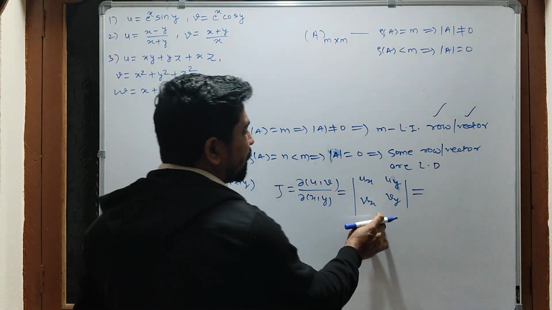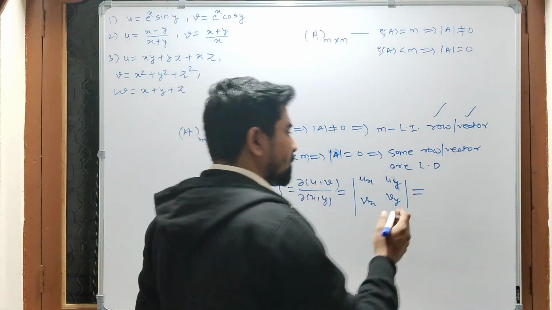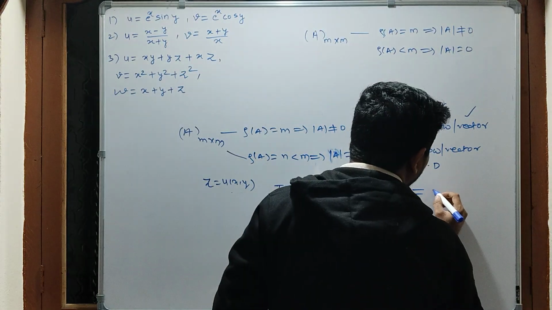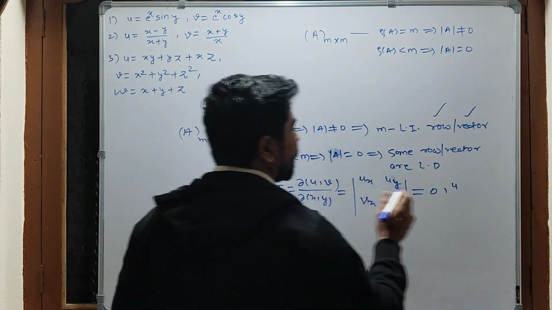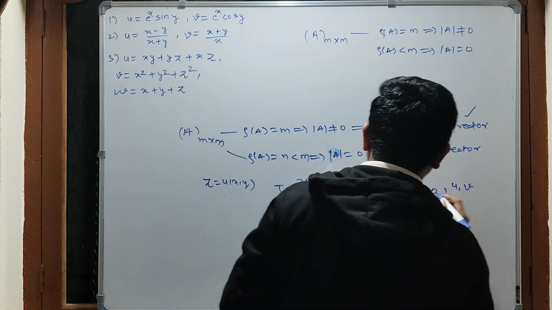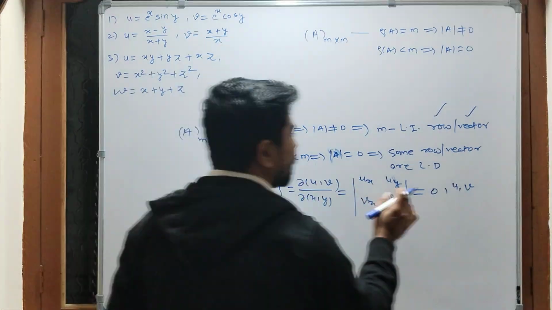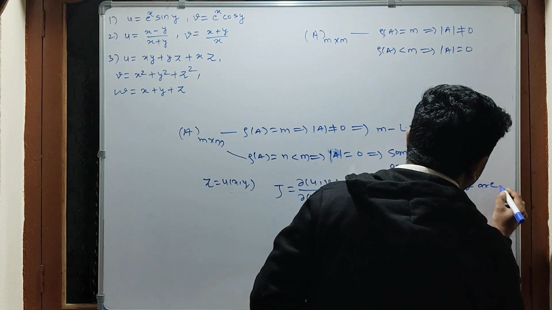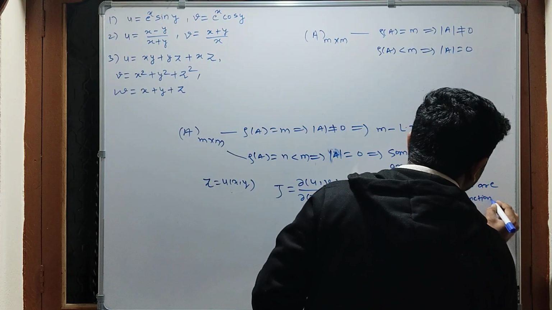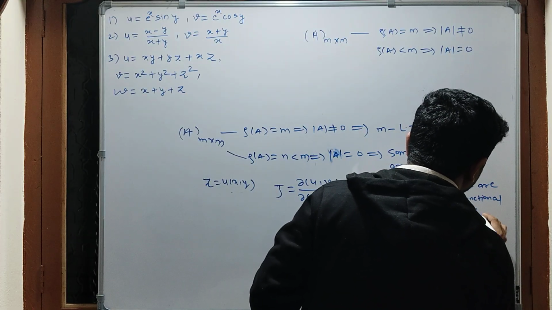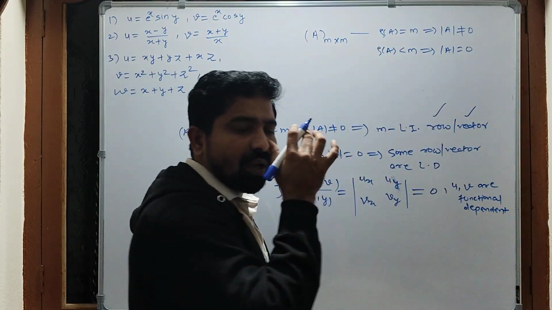So if the determinant is 0, your functional is functionally dependent. Here u comma v, where u is again one function and v is again one function, are functionally dependent, or you can say related.